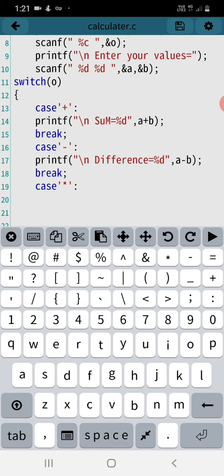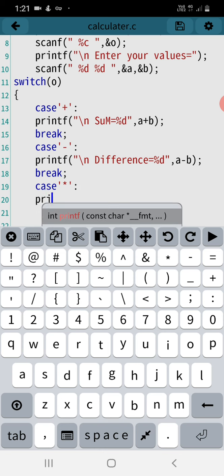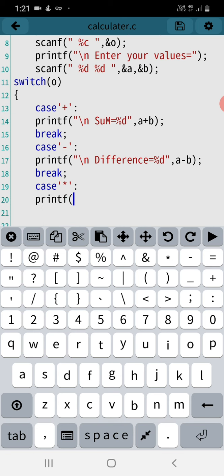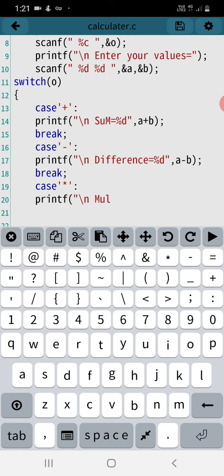So printf, here the condition is printf, newline, "multiplication is equal to" %d, comma a into b.